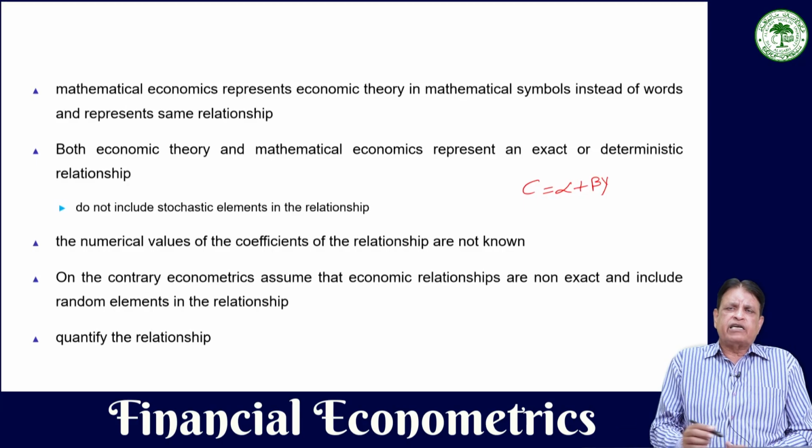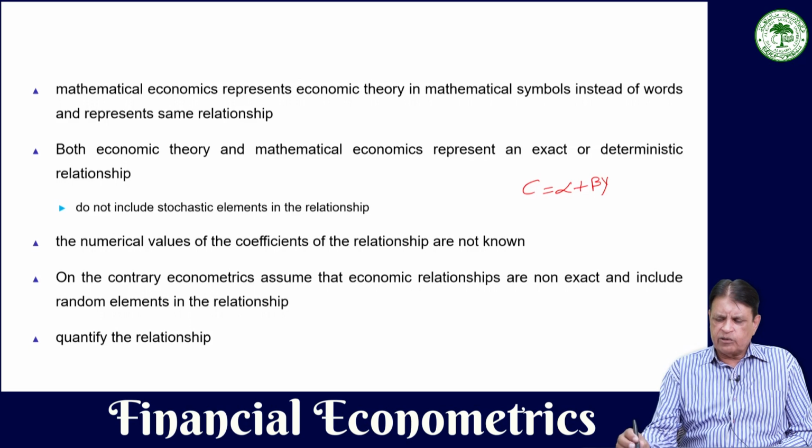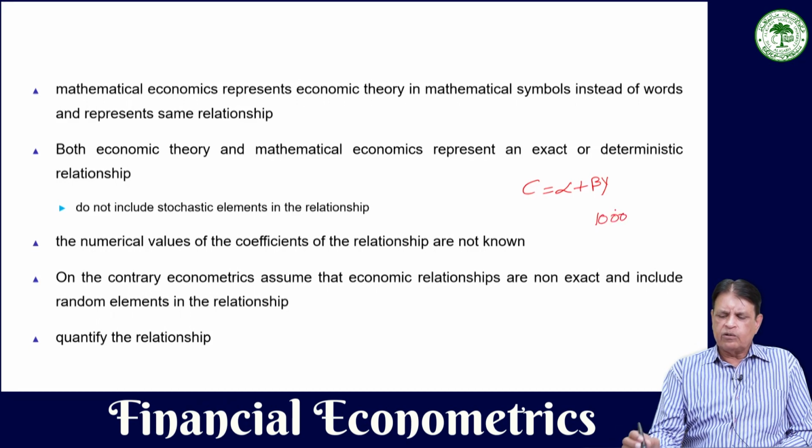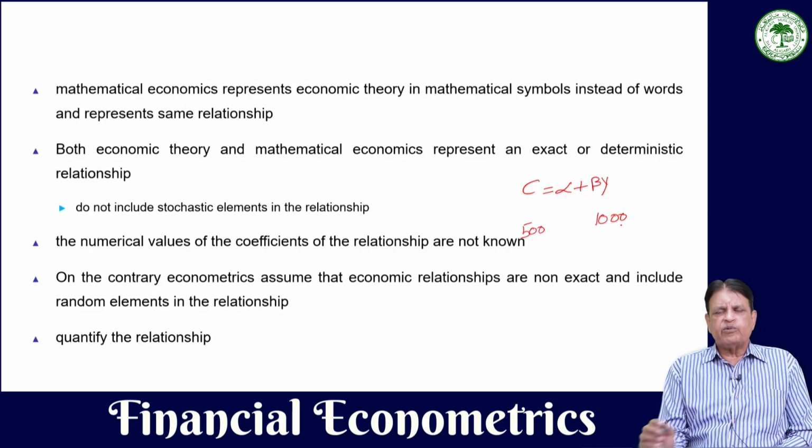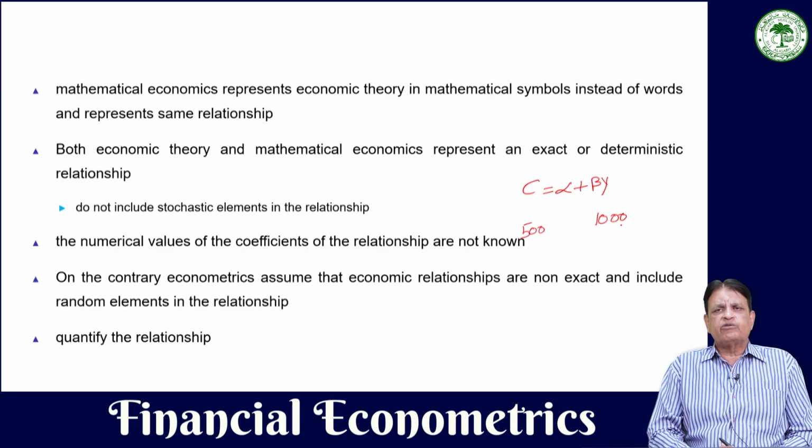Suppose you conduct a survey and you find y equal to 1000. Now, the consumption of one person is 500. Does it mean that all those people who have an income of 1000 should necessarily have consumption of 500? Not at all.